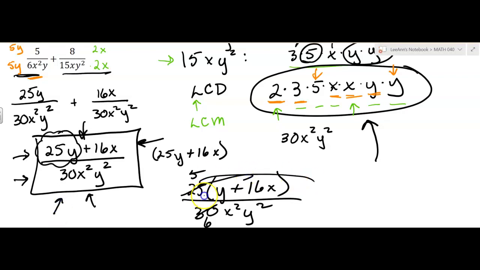This is like a made-up problem over here, okay? All right, but I know sometimes people have questions like, why can't I cancel the 25 and the 30? Or why can't I cancel the y's? Or why can't I cancel the x's? Because the addition prevents you from doing that. You can only cancel factors. And factors are when you have stuff times stuff.